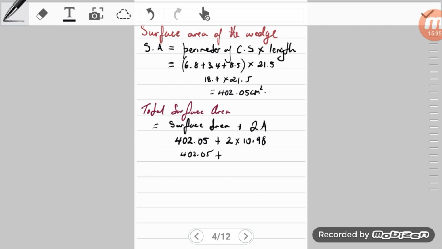We're going to find that 10.98 multiplied by 2 gives us 21.96. And if we add that to 402.05, we get a final result here of 424.01. It is area, so it is squared centimeters. You do not want to leave off your unit of measurement.